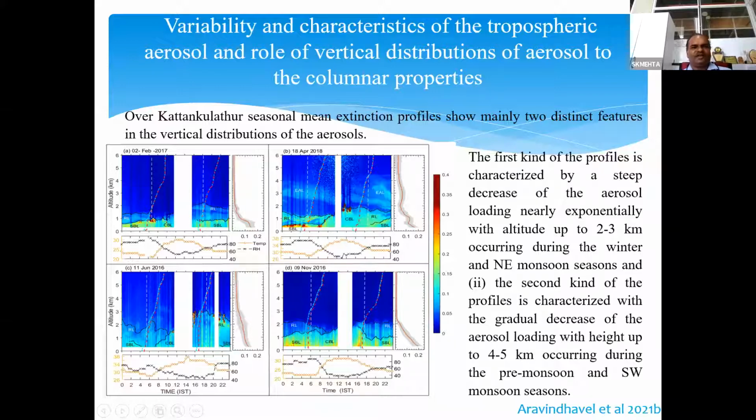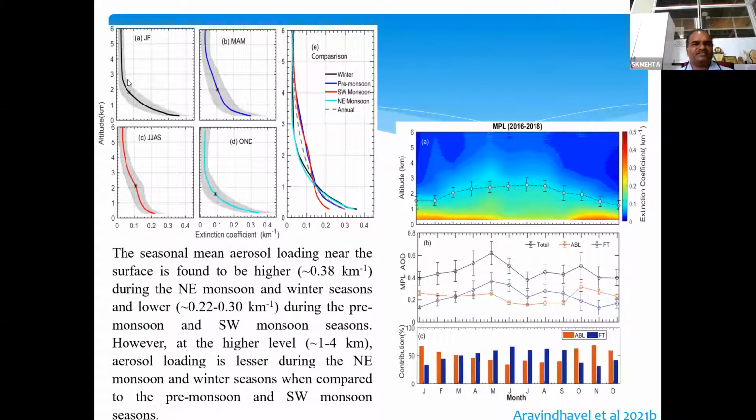Then we have taken the mean of that during different seasons. So we can see that in the boundary layer during the winter season, we have almost an exponential decrease. But during the pre-monsoon season, because of the many times formation of this EAL, the aerosol concentration is present up to the higher altitude, about 4 to 5 kilometers is where these aerosols occur more.